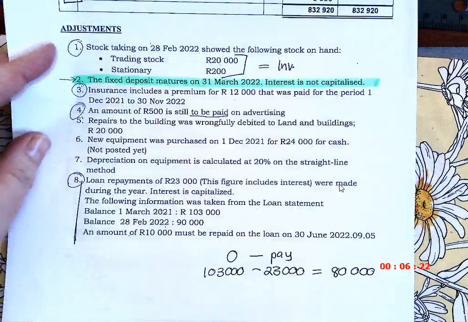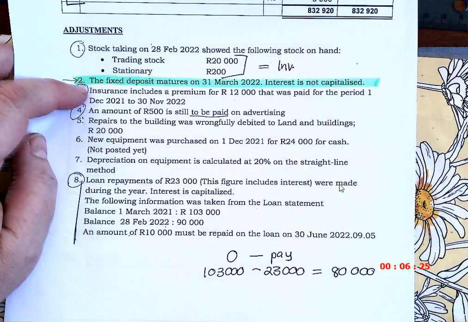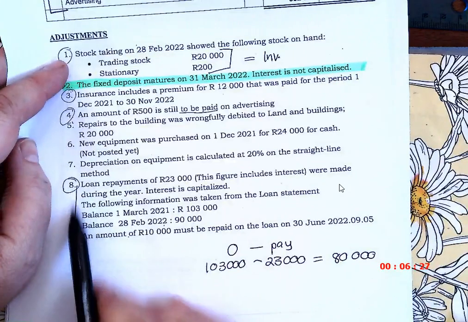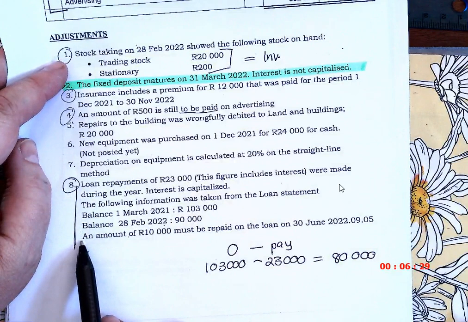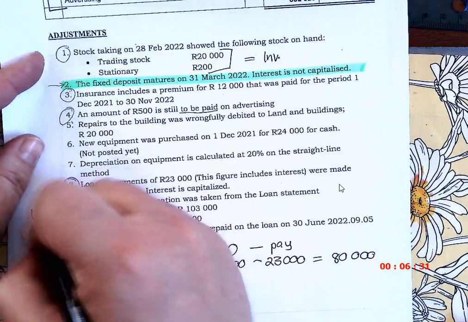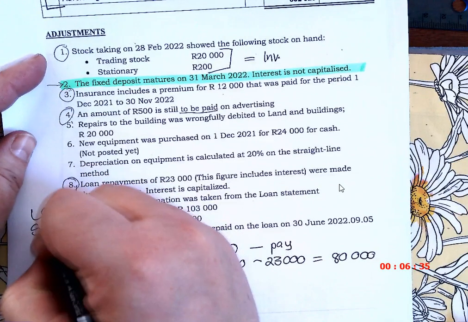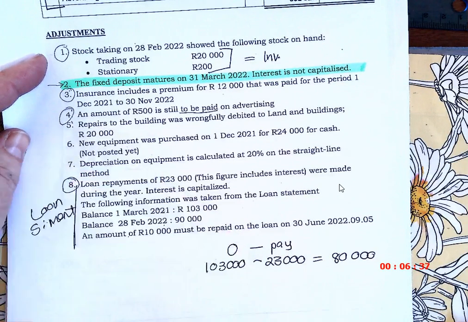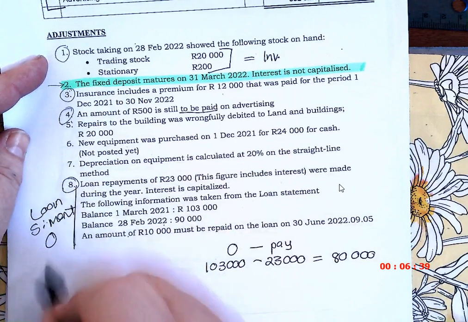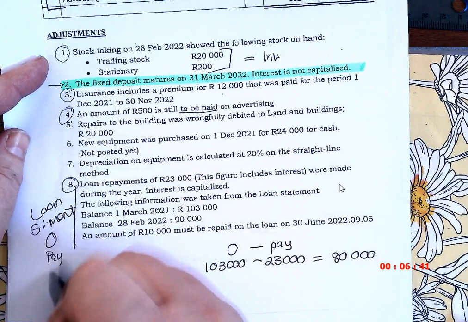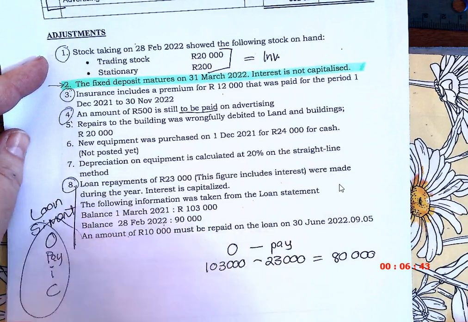I just want to make sure that you understand. If they give you information in the form of a loan statement, this is called a loan statement. In a loan statement, they will actually give you an opening, what I paid, an interest, and a closing.